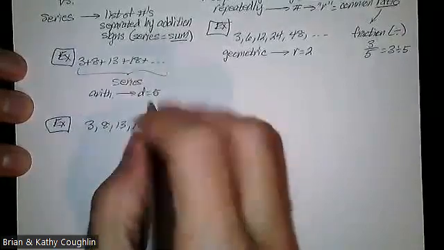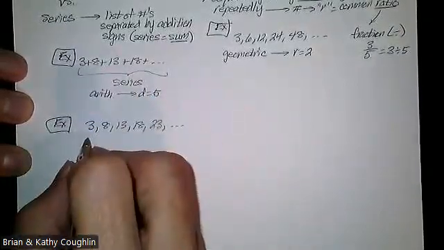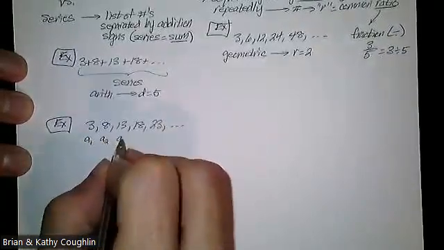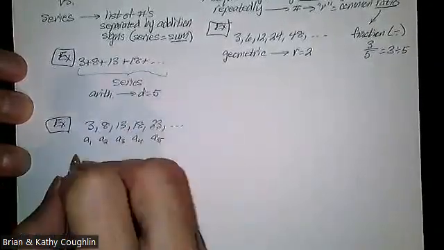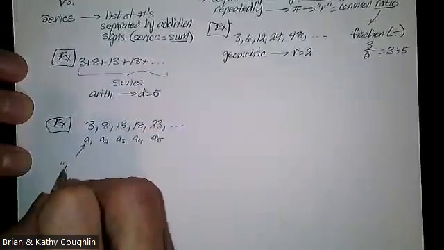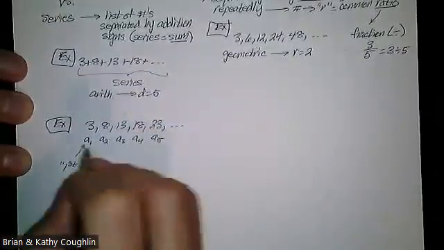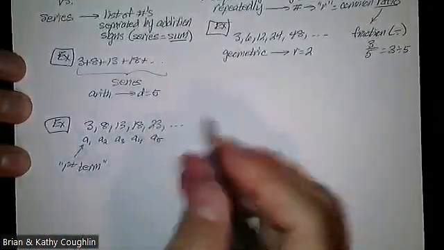These are terms. This is the first term in the sequence, the second term, and we call them a1, a2, a3, a4, a5. So a1 is code for the first term. A2 is the second term, a3 is the third term, and so on.